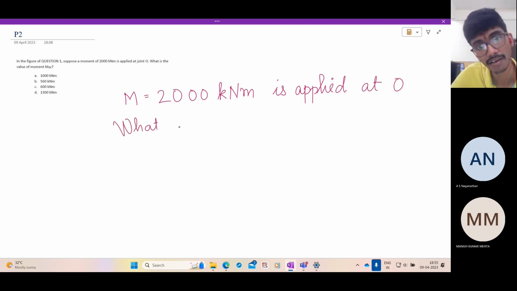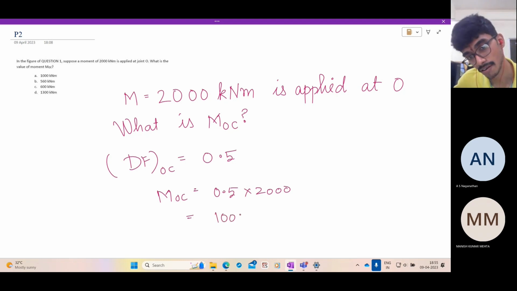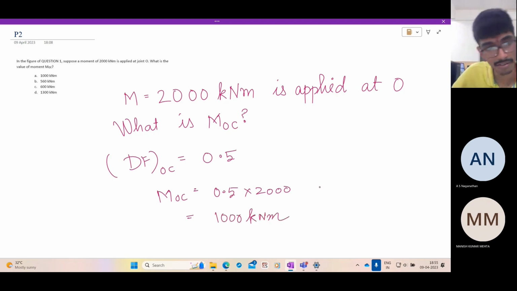We already have the distribution factor for OC as 0.5, which means MOC is, so this is the ratio of the total moment that is taken by a given member. That is the physical significance of the distribution factor. If you apply some total moment M, what fraction of the total moment is taken up by a given member? So MOC is nothing but 0.5 into 2000, which is 1000 kilonewton meter. So that is option A.